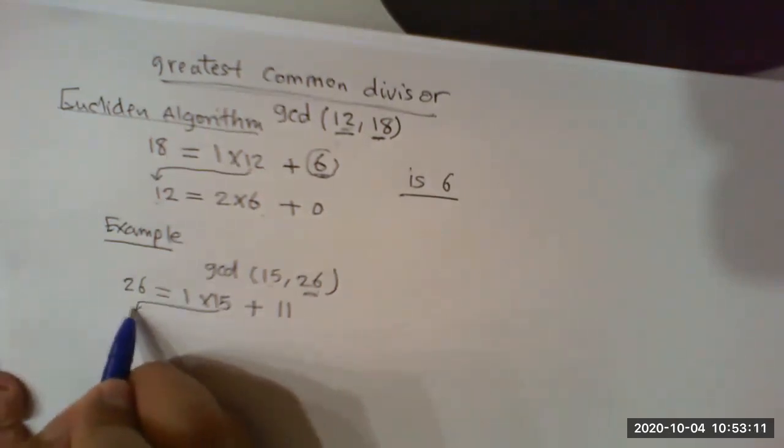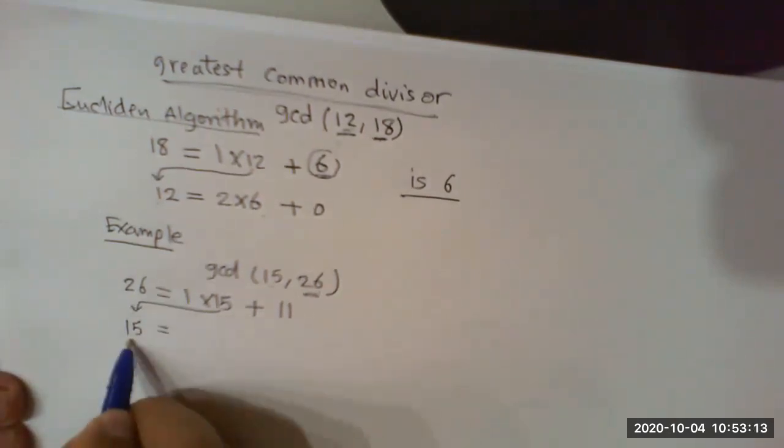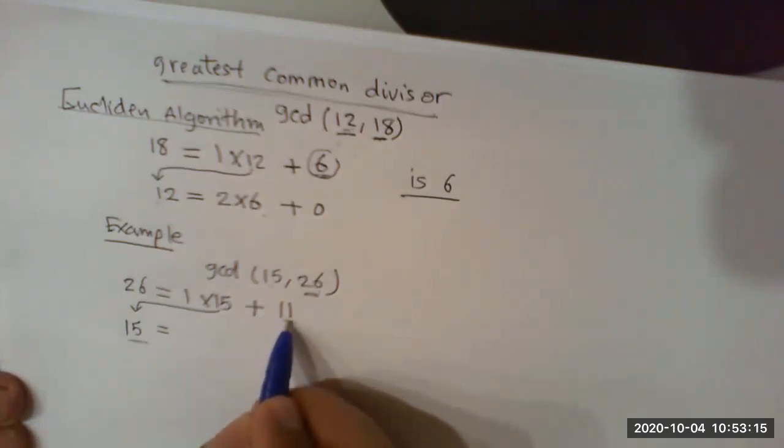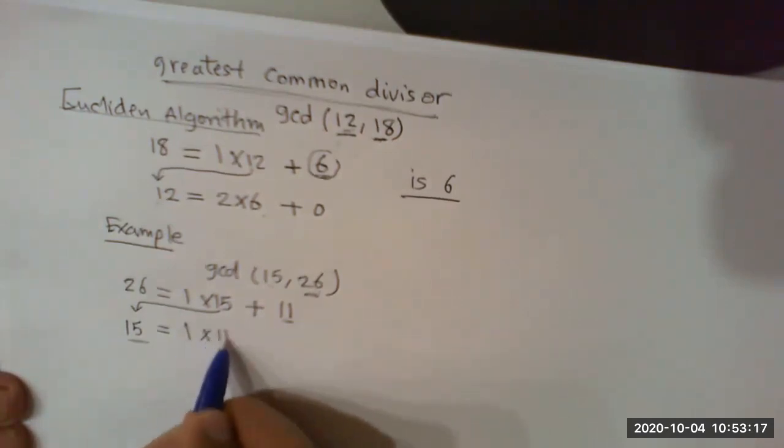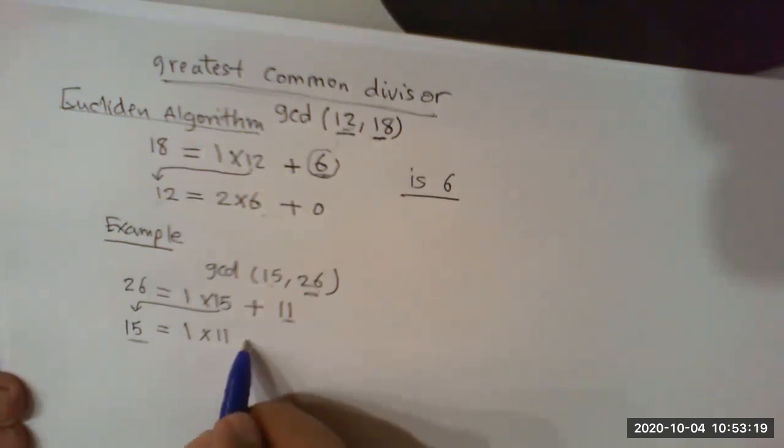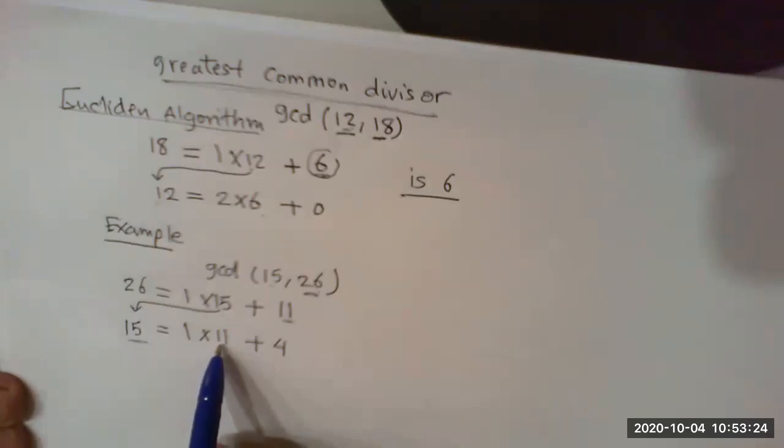So I take 15 here, and I see 15 is how much of 11? It is 1 times 11, plus 4, because 11 plus 4 equals 15.